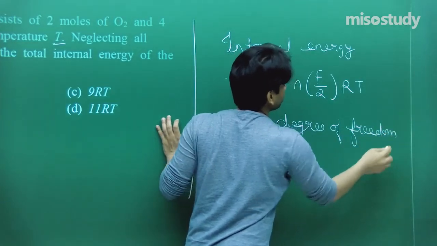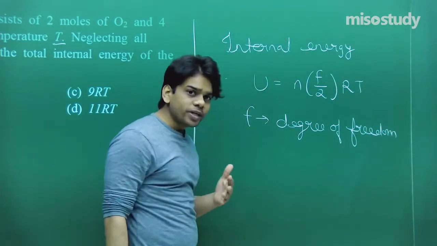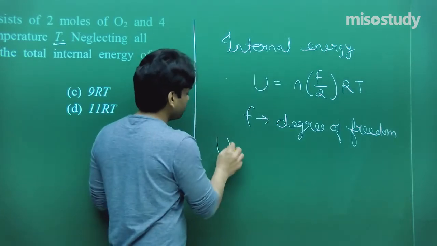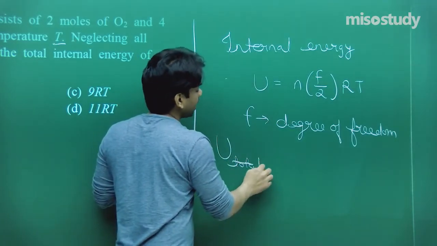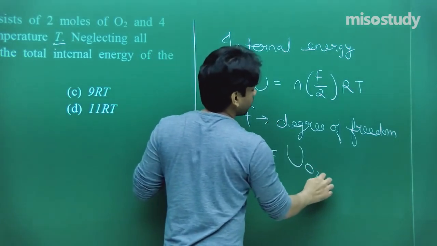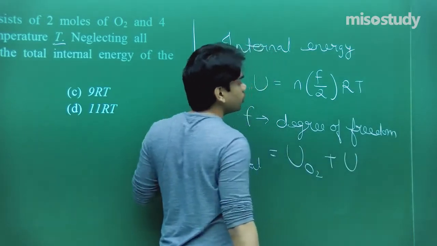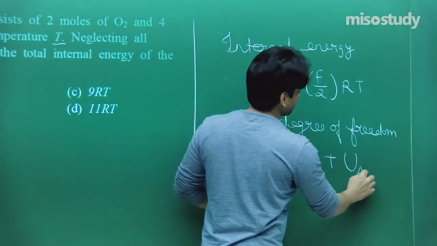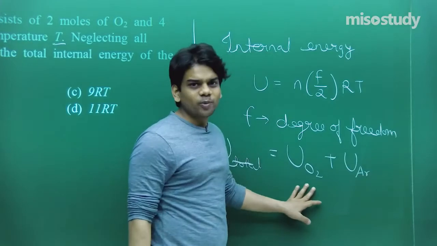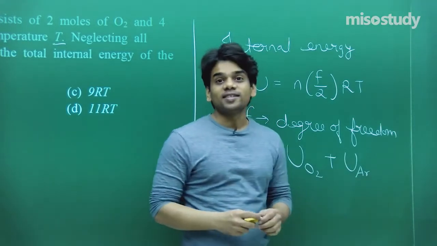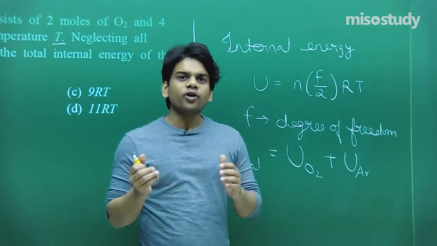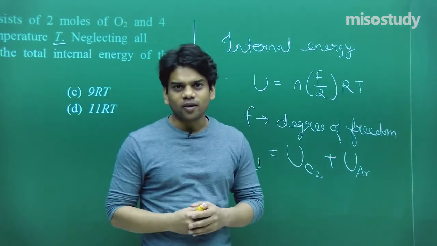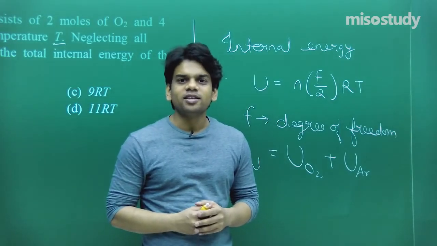Now the total internal energy of the mixture will be due to internal energy of oxygen plus internal energy of argon. Oxygen is a diatomic gas, argon is a monatomic gas. For diatomic gas, the degree of freedom is 5, and for monatomic gas the degree of freedom is 3.